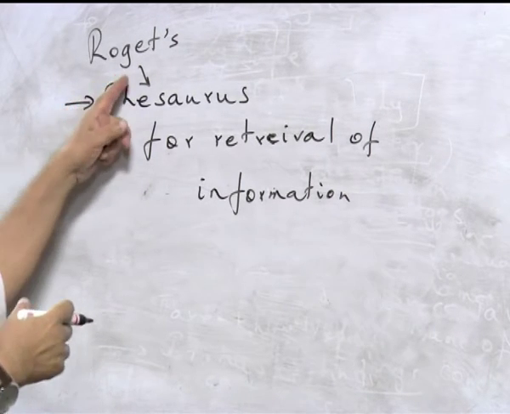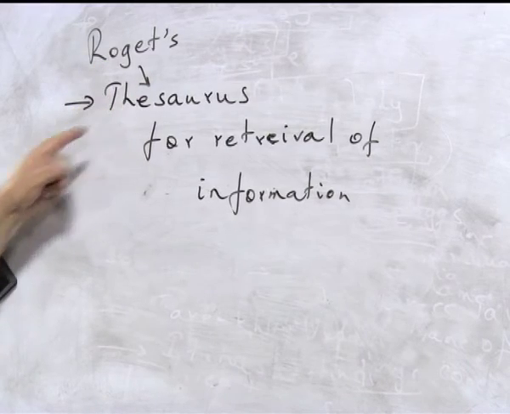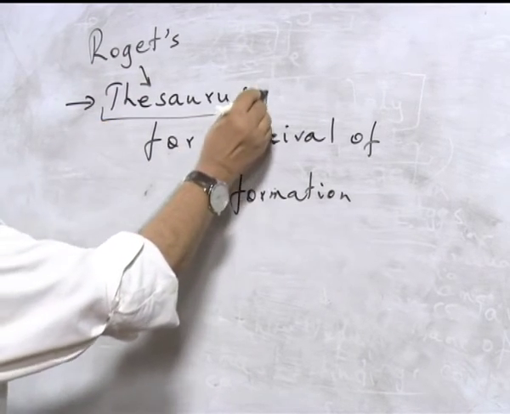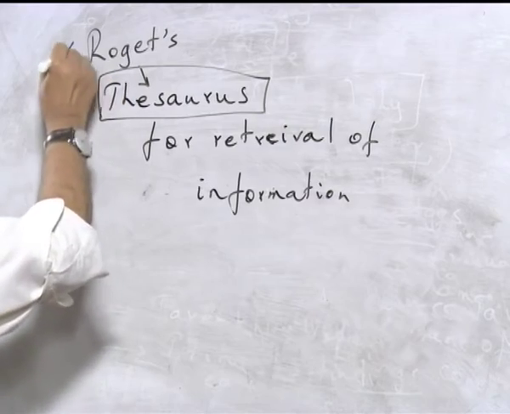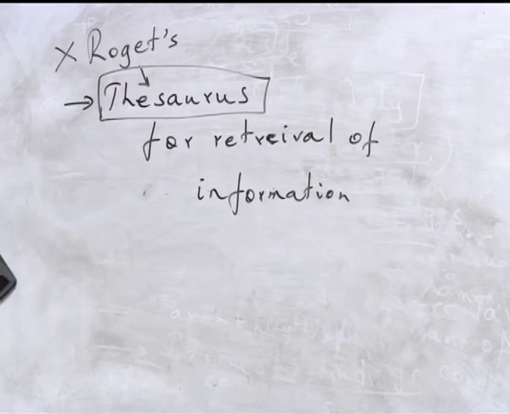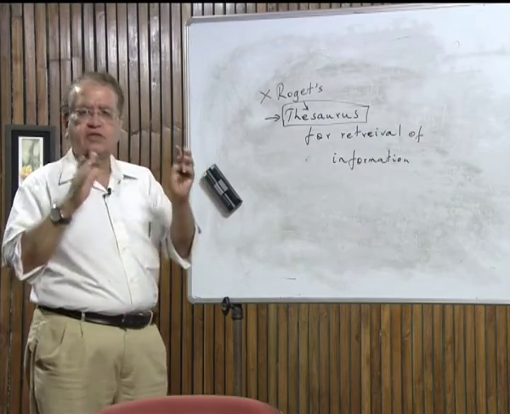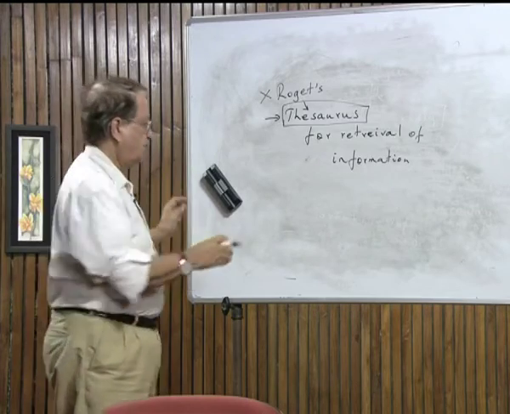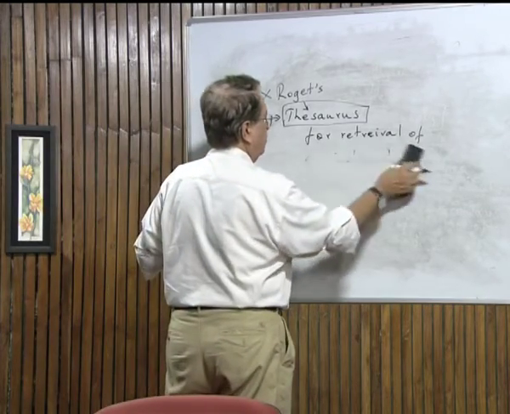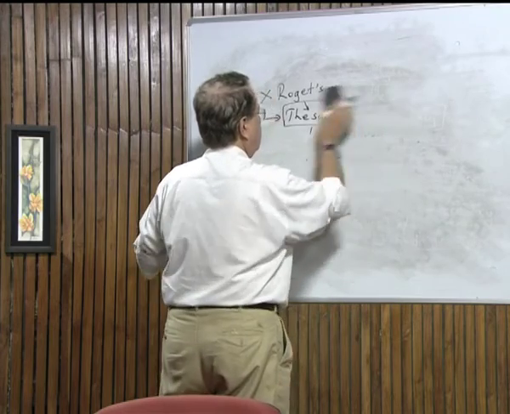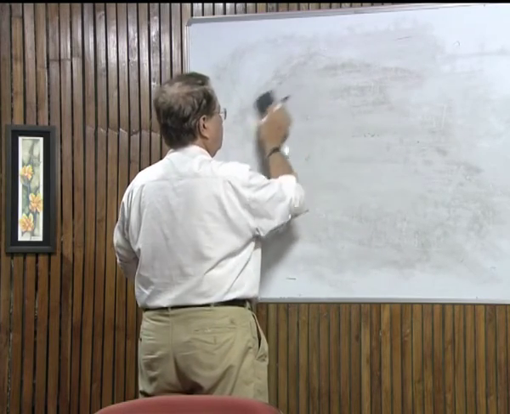But when we are using the word thesaurus in library science, then we are not talking about Roget's thesaurus. What we are talking about is the concept of how different terms can be organized in a linear sequence, and that linear sequence may help us in retrieving what we want to retrieve.